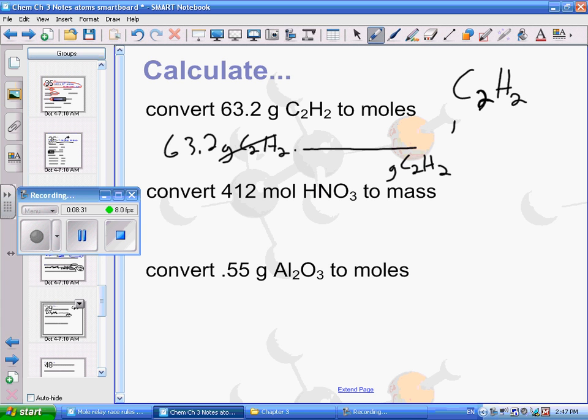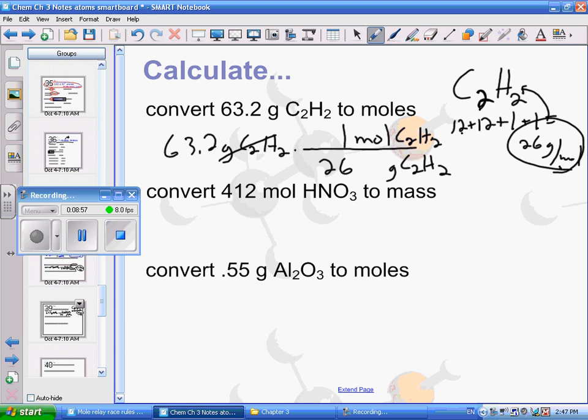Each carbon is 12, and I have 2 of them, and each hydrogen is 1, and I have 2 of those. So 12 plus 12 is 24, plus 1 plus 1 is 26 grams per mole. So I'm going to use this as my molar mass for C2H2. So 26 grams, and I'm converting to moles of C2H2.